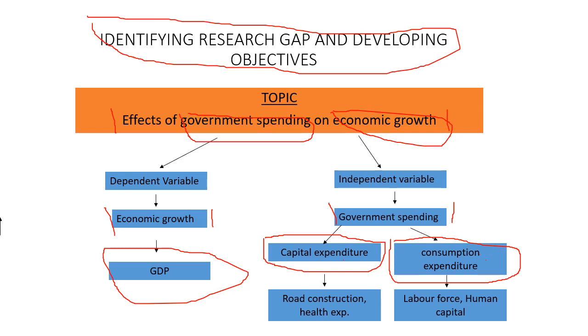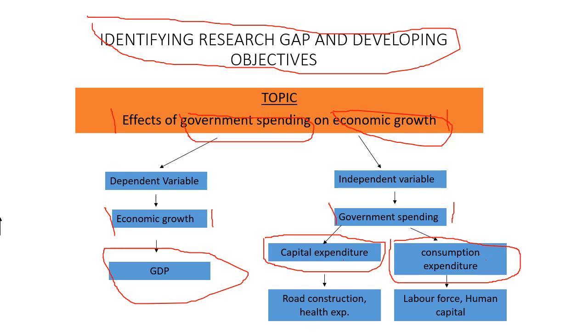Within the capital expenditure, government may decide to spend money on road construction or on health. So as you can see, our discussion is getting interesting and we are all understanding it, and I'm sure you do. Then under consumption expenditure, government may spend on labor force or human capital generation.